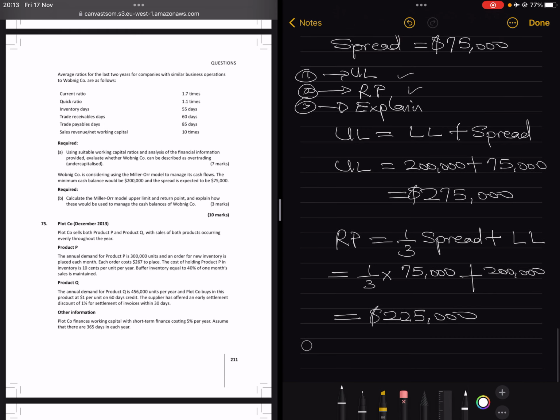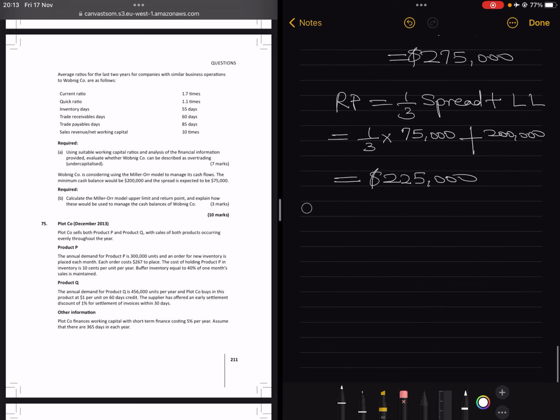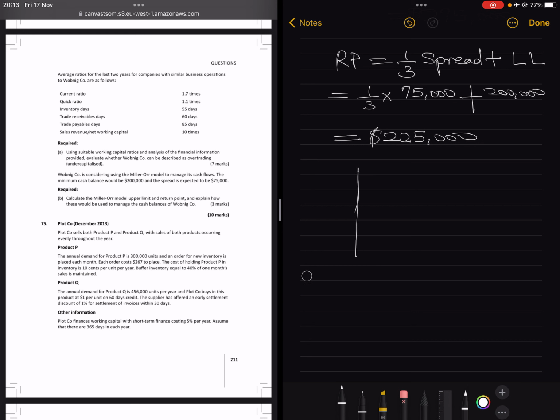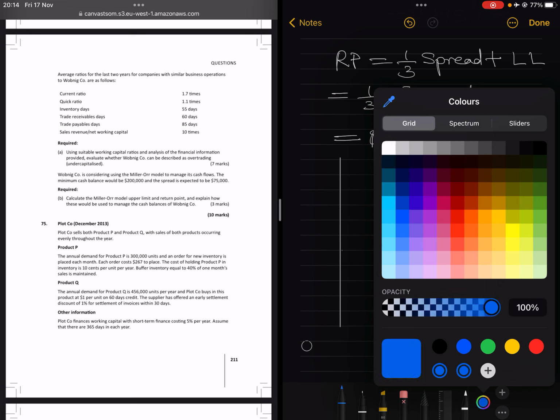So we've calculated the first one and the second one. The third part of this question is to explain how this will be used. If you remember how we dealt with it the last time, we have our cash level. Let me use a different color for the return point so that it's clear.